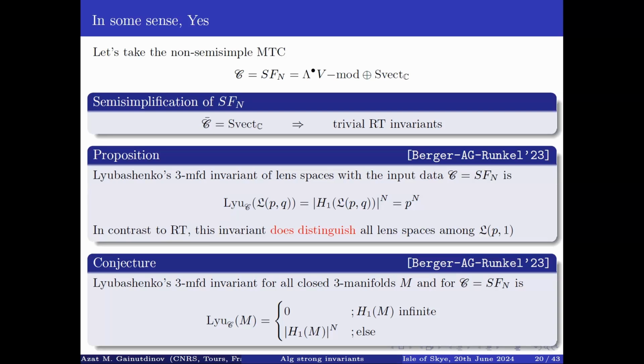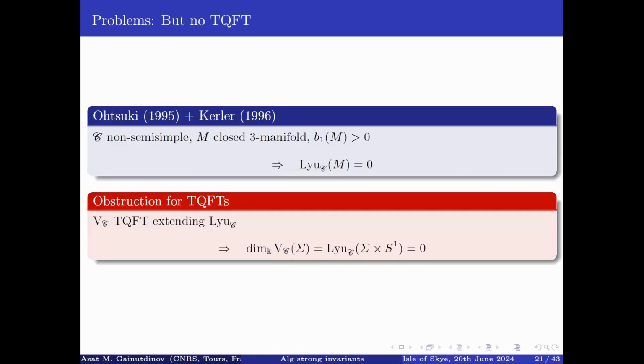Why is it zero? It's related to an observation, also in some examples by Tsuki and Carlan, that if C is not semi-simple and for closed three-manifolds the first Betti number is positive, then the Lyubashenko invariant is zero. This is related to Maschke's theorem for coalgebras, because if you have a free part in the homology group, you're basically evaluating the integral of your coalgebra on the unit element, which is non-zero only if the category is semi-simple, right?